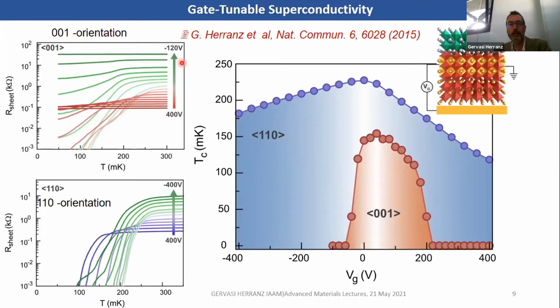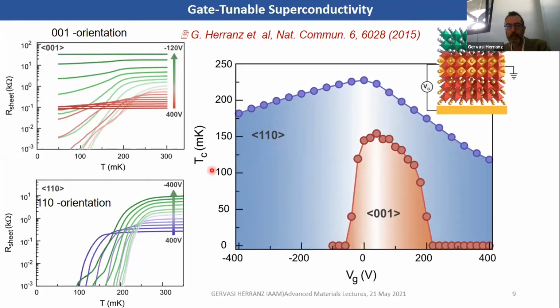In particular, we measure the sheet resistance as a function of the temperature. When we apply, for instance, a highly negative voltage like here, what we are doing is depleting the quantum well. We are removing electrons from the quantum well. And when we are at these gatings, basically what we have is this dependence.